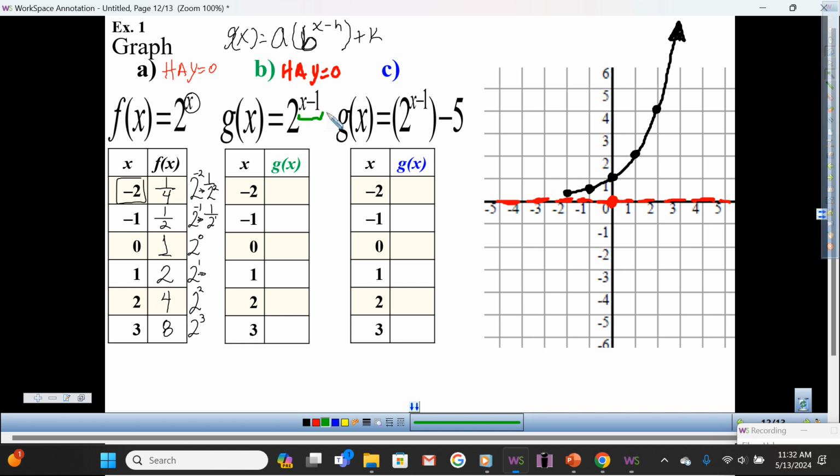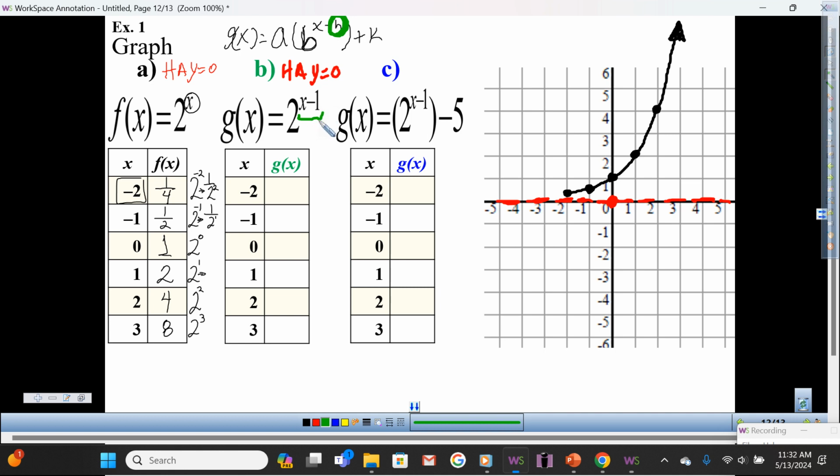Then we're going to pass it to Anthony. Now let me be obvious. Look up. I'm being very obvious right here. All right, Anthony, what's going to happen to the parent function according to that?